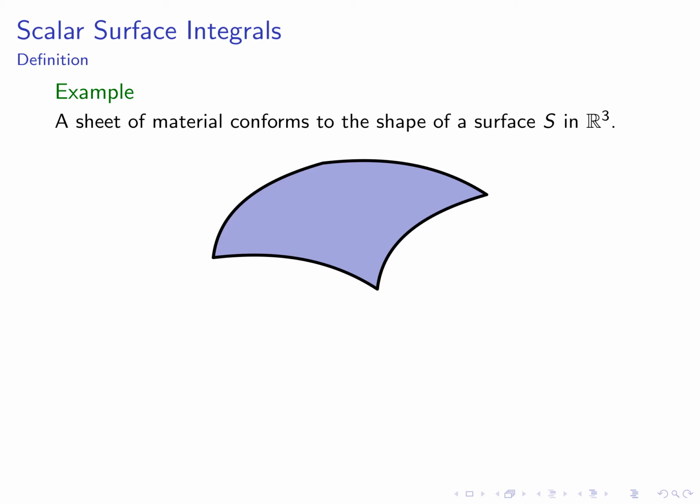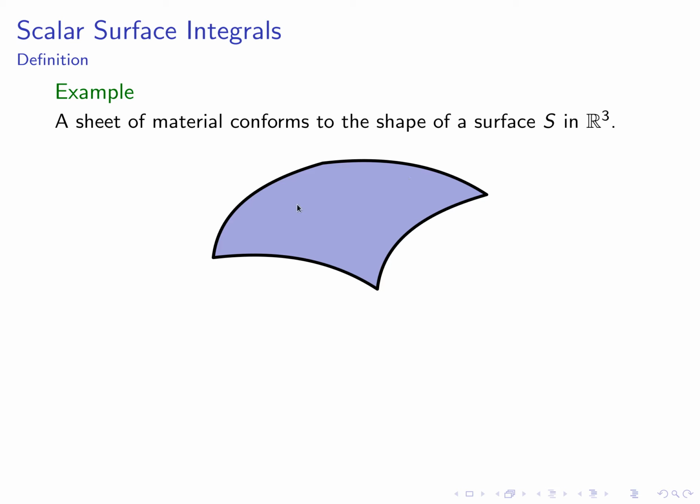So the context for this first part of the lecture is, let's say that we have a sheet of material that conforms to the shape of a surface, maybe called S, in 3 dimensions.